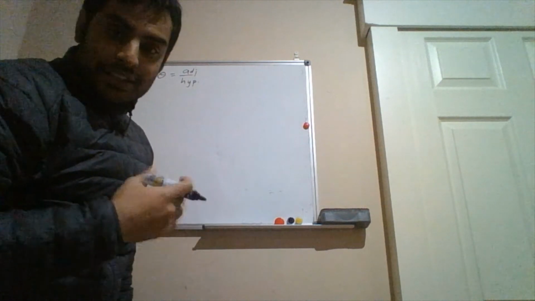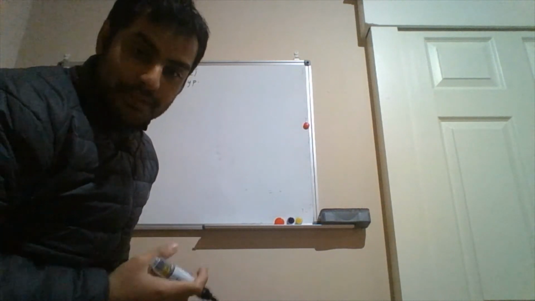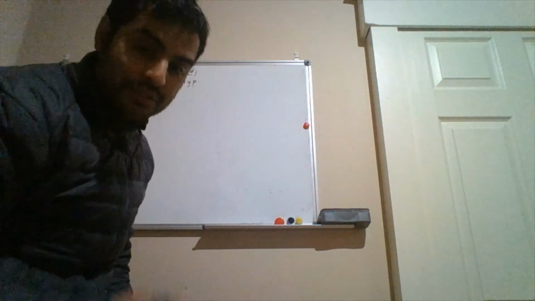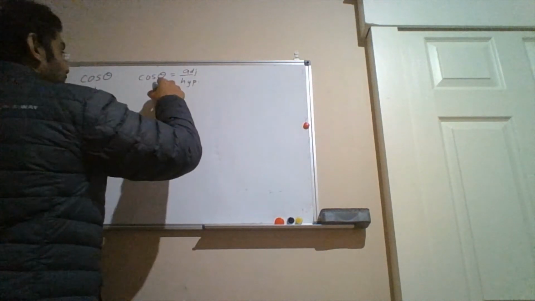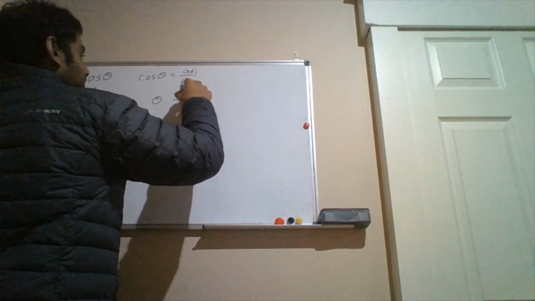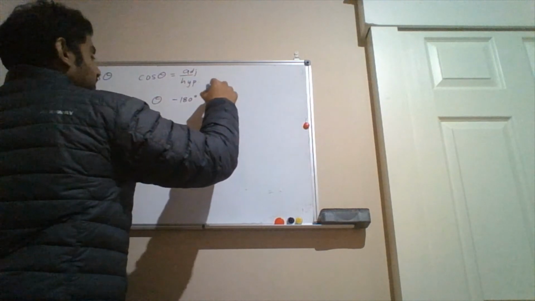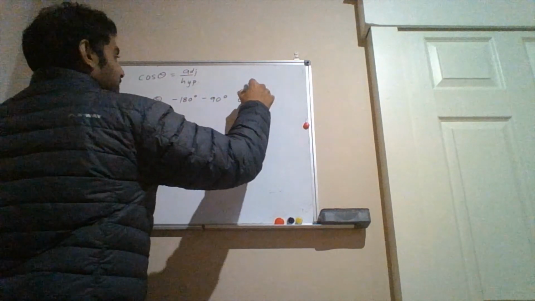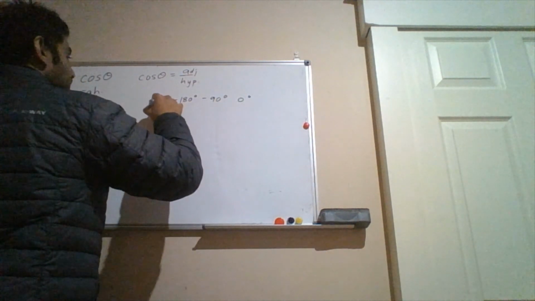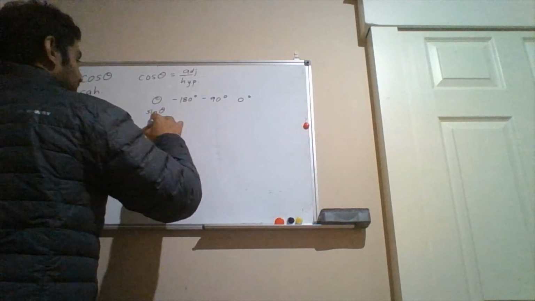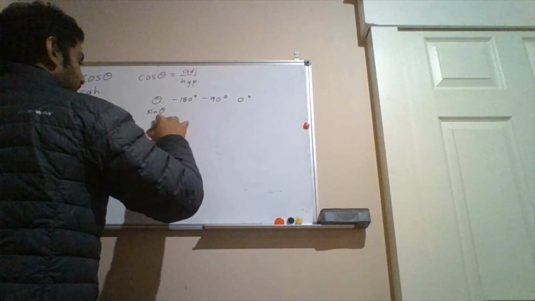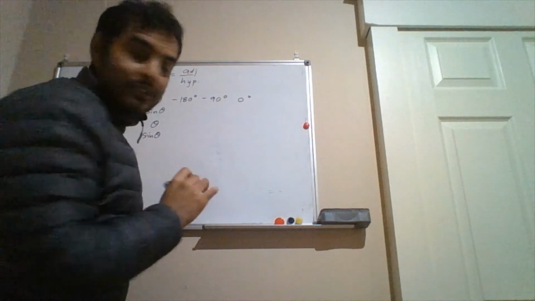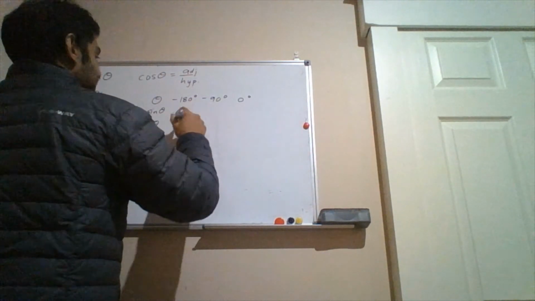So I'm just going to list these values. You can try working them out on your own using the quadrant method or a calculator. Okay, so I've just listed some negative values and now onto the positives.